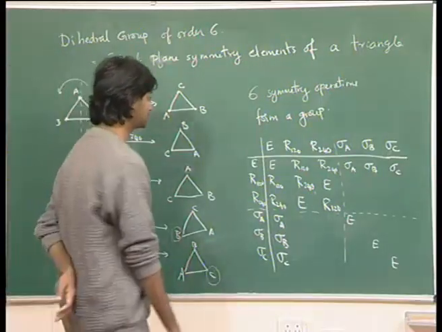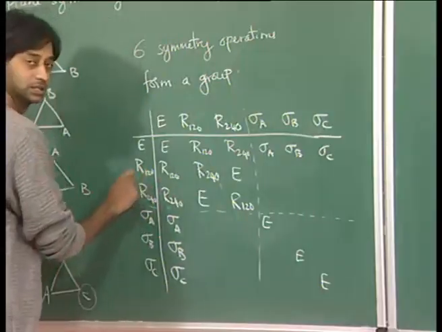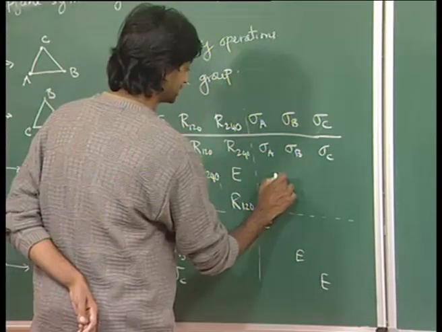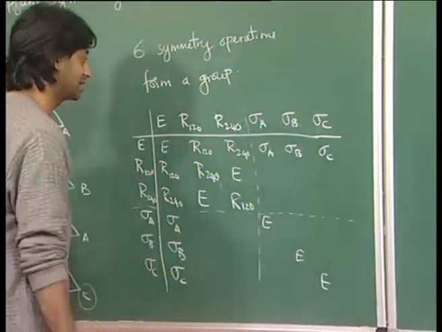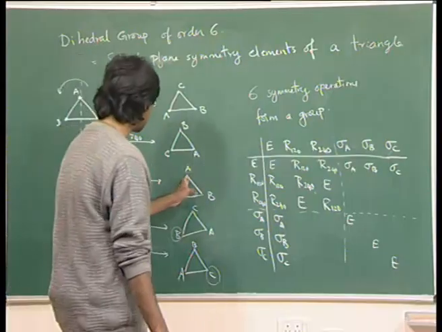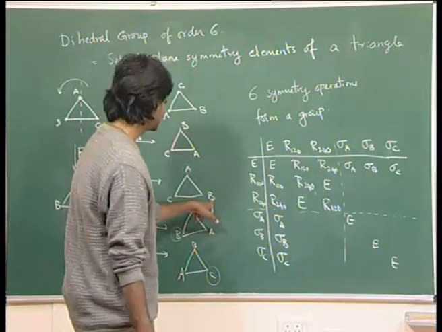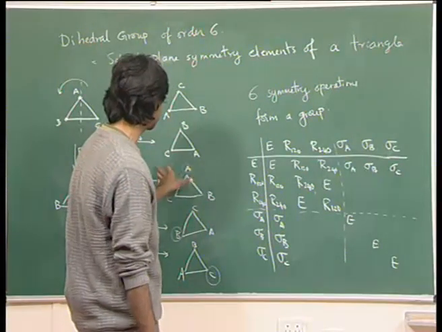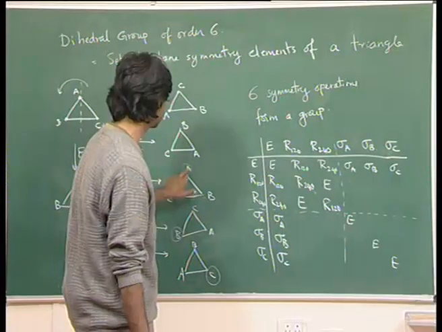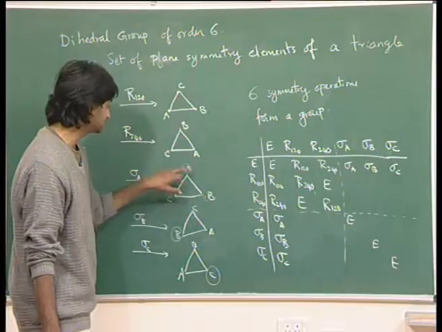Next, you have to consider what happens when you do sigma A first and then R120. So, what I am going to write here is R120 sigma A, that means I operate first by sigma A and then by R120. So, if I operate by sigma A, then I get A C B, and then I follow it by R120 degrees, then I will get B A C. Okay. And notice that C is where it is, B and A are switched.